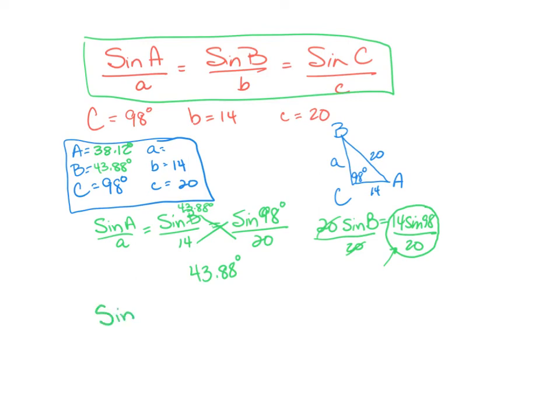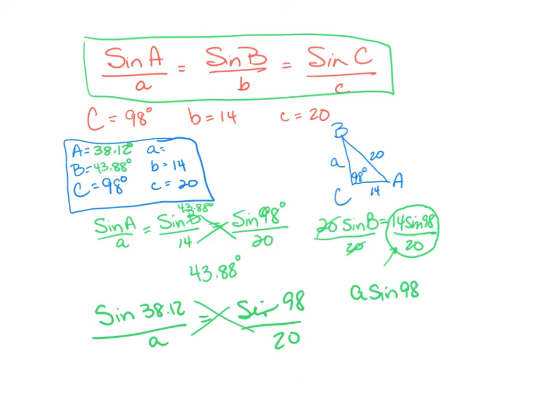So now I have sine of A, which is 38.12, over little a equals sine of 98 over 20. And we cross multiply again. So here we get a sine of 98 equals 20 sine of 38.12.